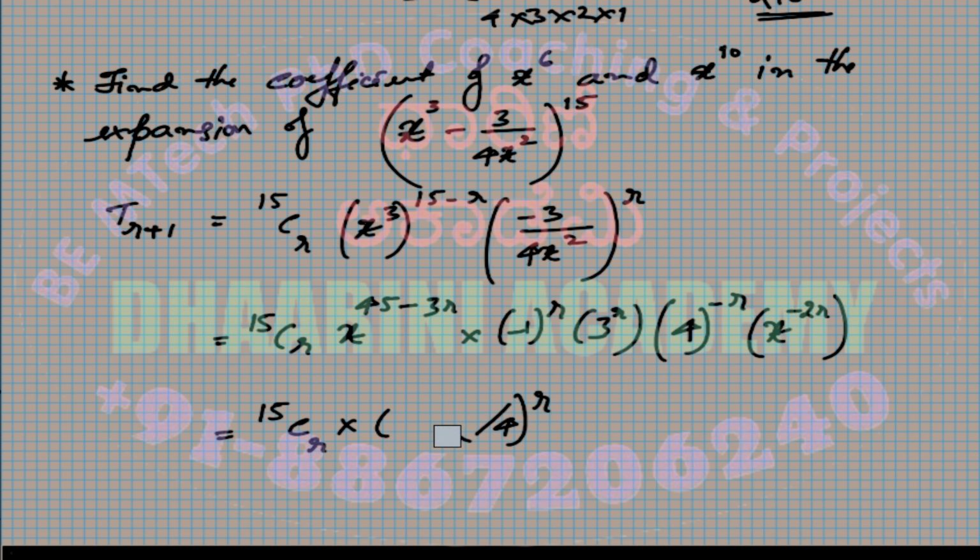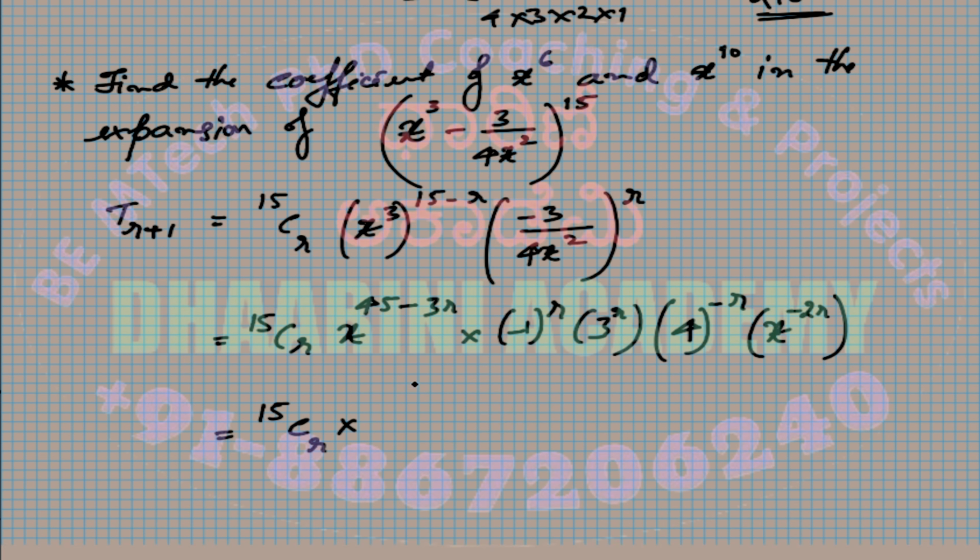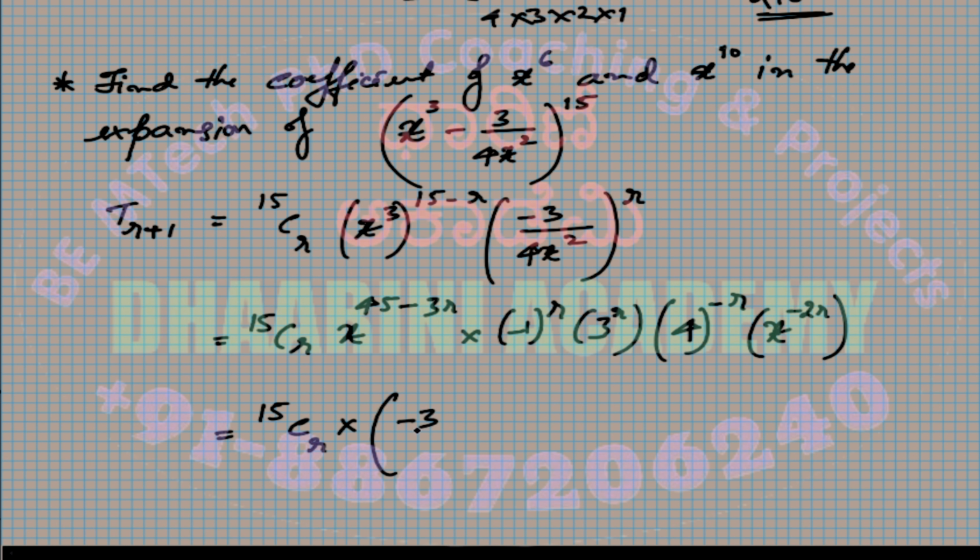So this is minus of 3 by 4 to the power r. We don't have to change this. So this is into minus 3 by 4 to the power r. Let's write the remaining term. So this is x to the power 45 minus, there is a 3r and 2r, so minus 5r. Okay, x to the 45 minus 5r.